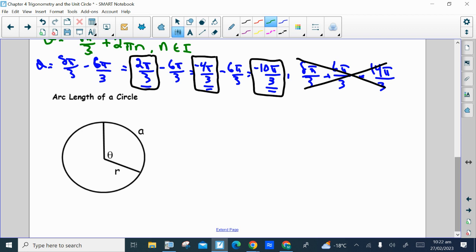One form of that relationship is that the arc length equals r times theta, but the one on the formula sheet is that theta equals a over r, which you can get from the first expression by dividing both sides by r. But you have to remember when you use this that theta must be expressed in radians.